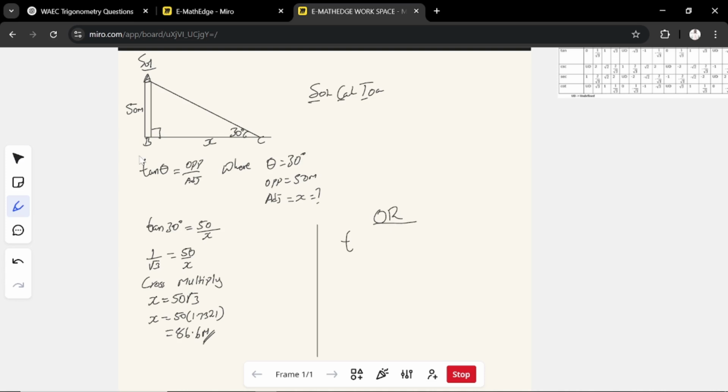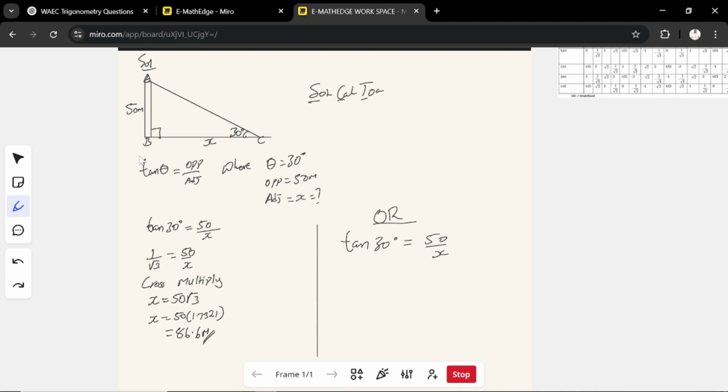So we have from this point tan 30 degrees equal to 50 over x, right? Now, instead of making use of your trigonometry table to obtain the value of tan 30, you can quickly press your calculator, tan 30.